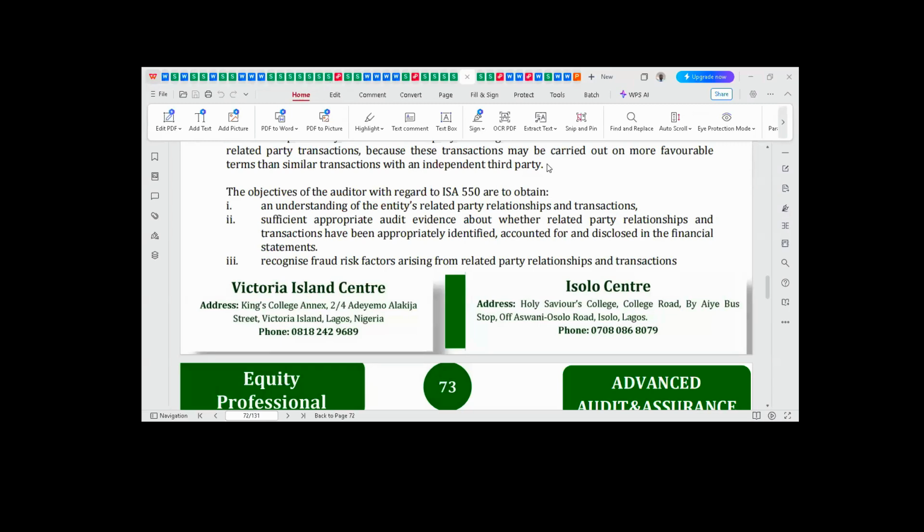On a normal transaction, the customer will pay 28,050,000. That's the value of 3,000 liters of PMS at the rate of 850. That's for a normal transaction from your factory.